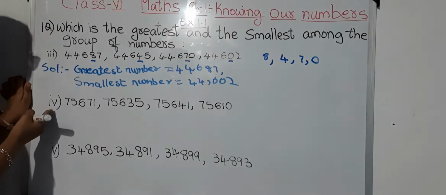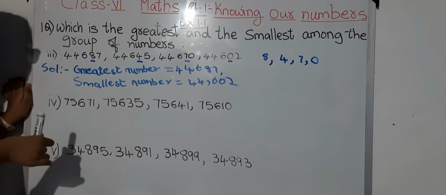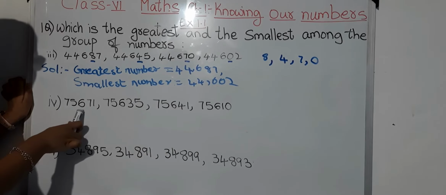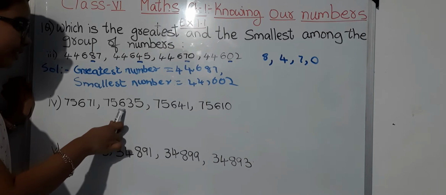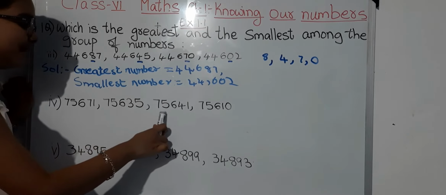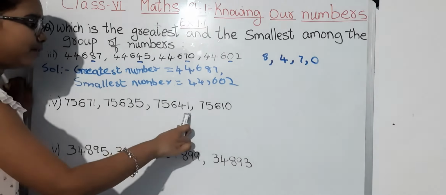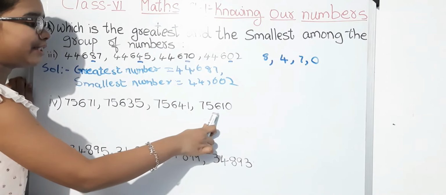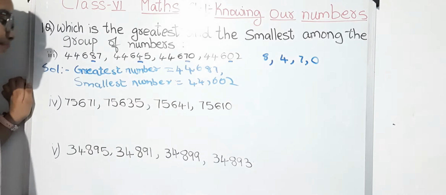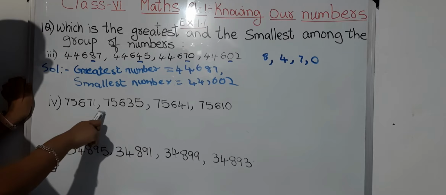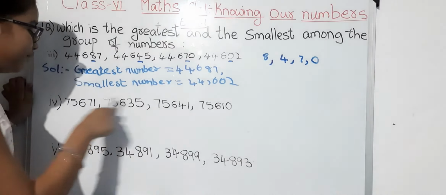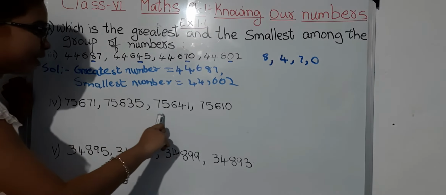Now the fourth one is 75,671, 75,635, 75,641, 75,610. In this, the first three digits are the same.